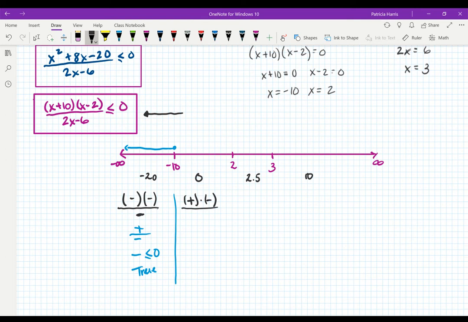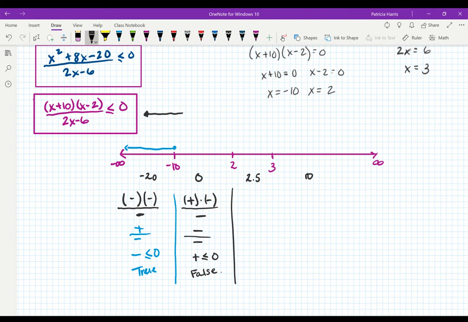And 2 times 0 is 0, minus 6, that is a negative number. So I get a negative times a positive, which is a negative, divided by a negative. Is a positive number less than or equal to 0? That is false. So don't shade there.